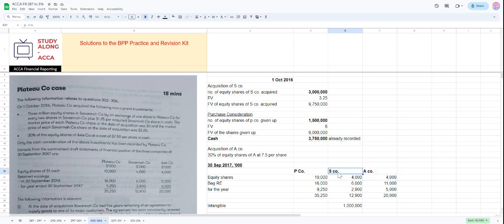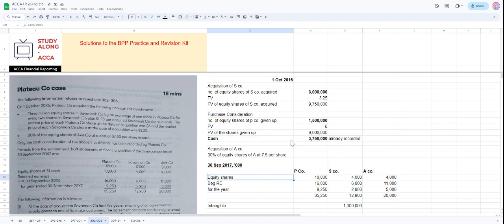P company acquired S, and they also acquired 30% of A. This is the draft extract without considering these factors, except that the cash consideration is already booked in the books.